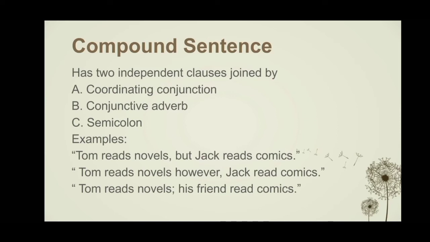Second, Tom reads novels; however, Jack reads comics, has two independent clauses and the conjunctive adverb however. The third, Tom reads novels; his friend reads comics, has a semicolon and also two independent clauses. That explains the second type of sentence.